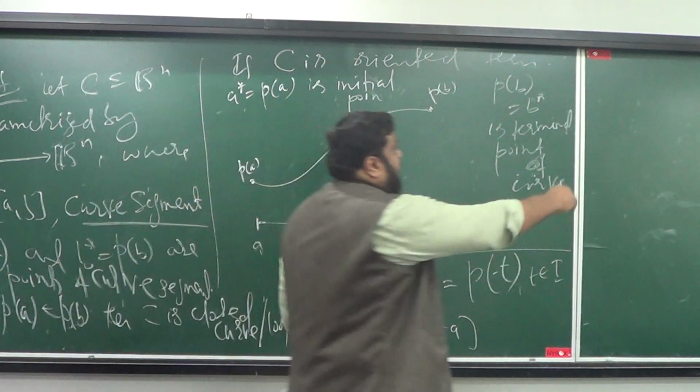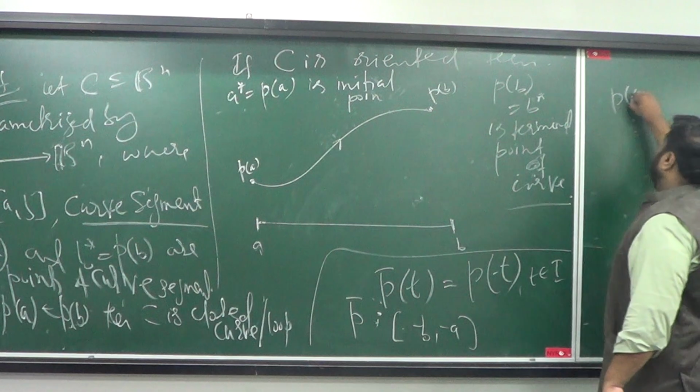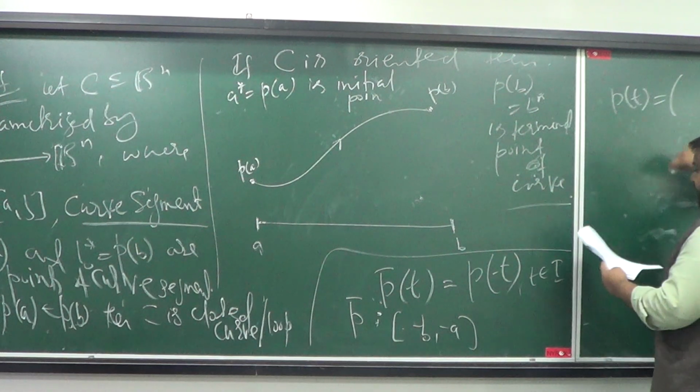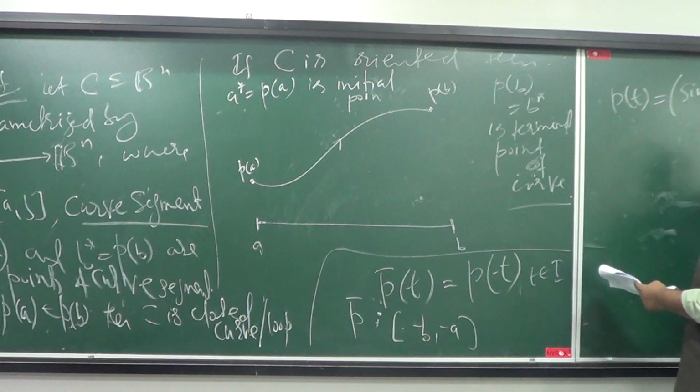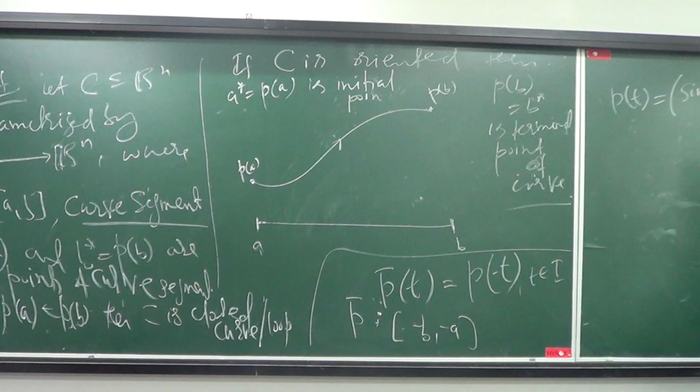So imagine I have a curve p of t, okay, that looks like, say, sine t, cos t, and t square, where t is from the interval 0 to 2 pi. Okay? So is it a curve segment? Yes, it's a curve segment. Okay? So what would be the initial point of it in space? 0, 1, 0.